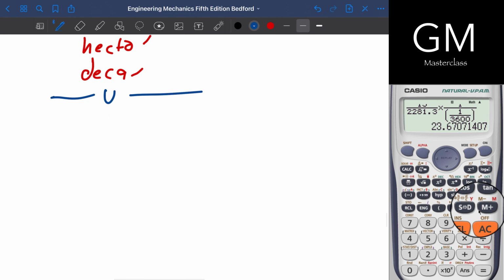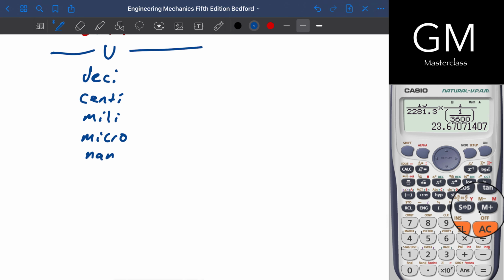And on the below part of the chart we have deci, centi, milli, micro, nano, pico, femto, atto. 1, 2, 3, 4, 5, 6, 7, 8.